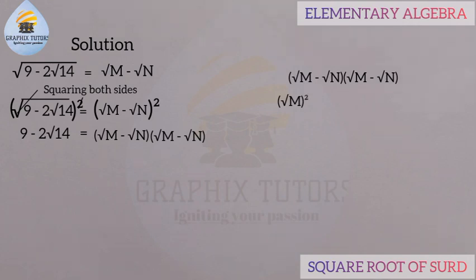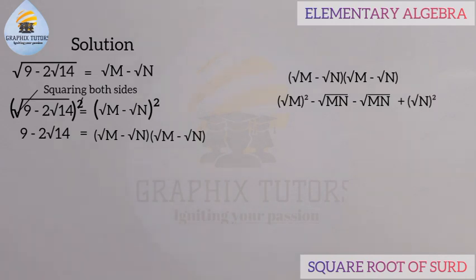I'll take this root m to multiply this minus root n, I'll be having minus root mn. Minus root n times root m will still give us minus root mn. Minus root n times minus root n, because of the two minus here, it becomes plus, and root n times root n will give us root n square.